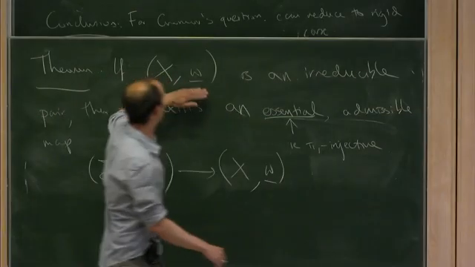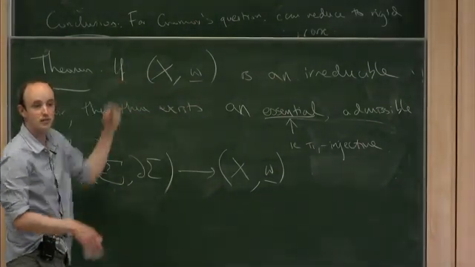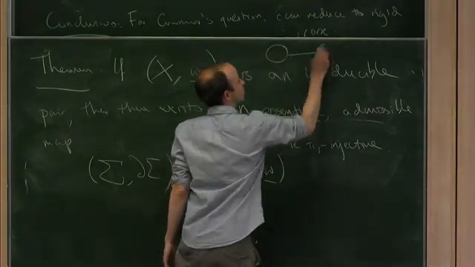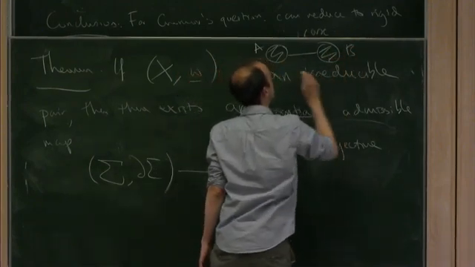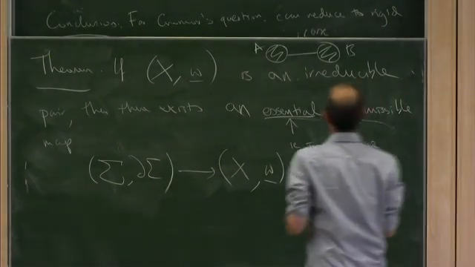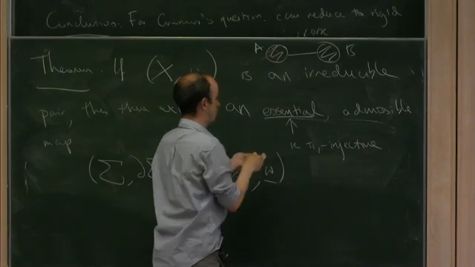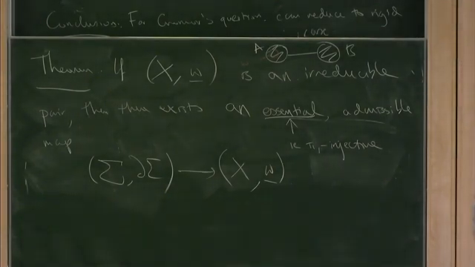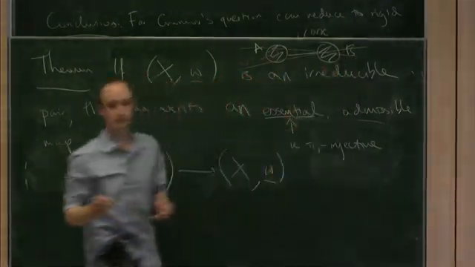It means that these W's cannot be separated into free factors of the fundamental group of this graph. In other words, you can't, up to homotopy, have a picture that looks like this: you've got an A over here and a B over here, and W all on one side. So this irreducible hypothesis just means we don't allow that picture, and that's what rules out free groups and things like that.